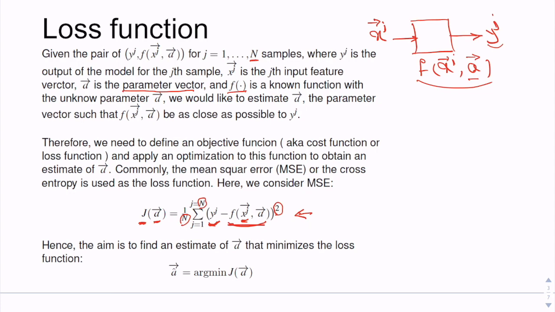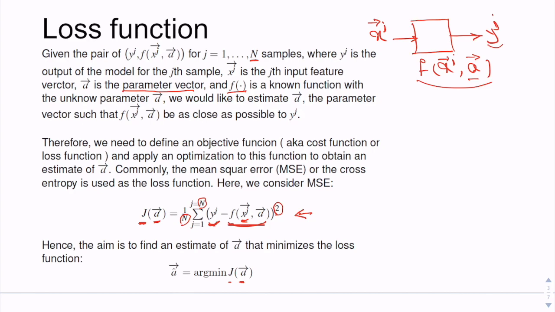So now what we wanted to do is find the vector A that minimizes the function, and this vector is the estimated parameters, which now guarantee the function f outputs labels which are as close as possible to the actual labels.